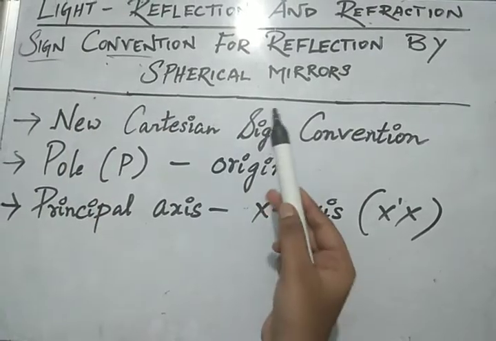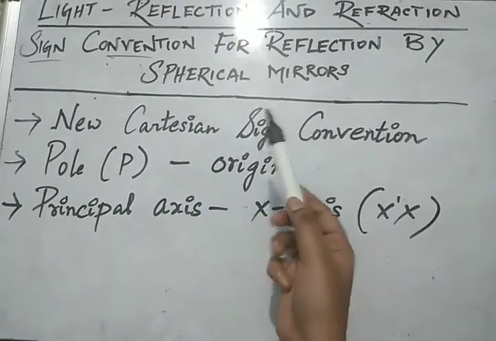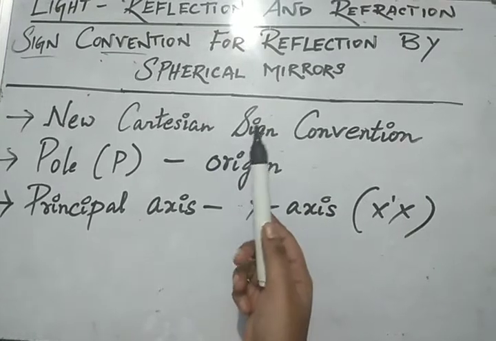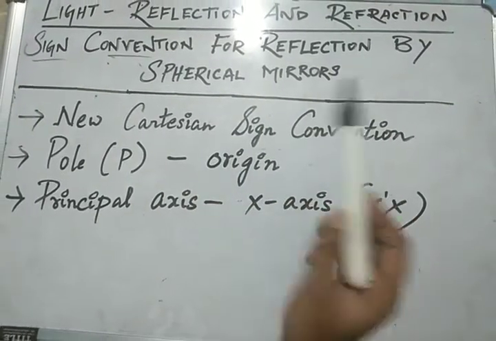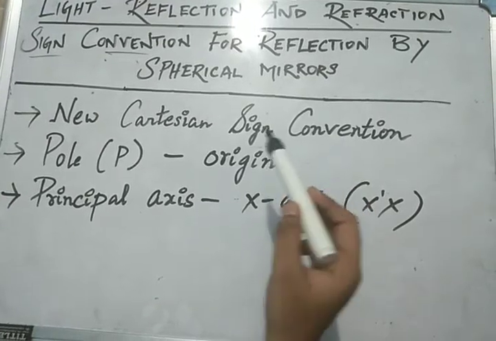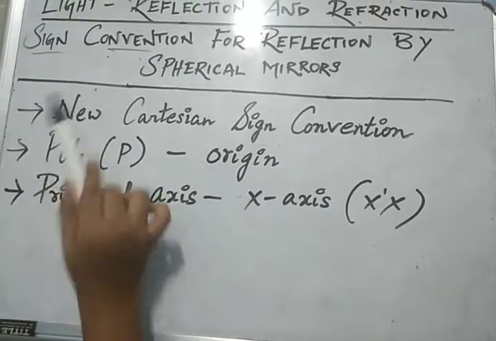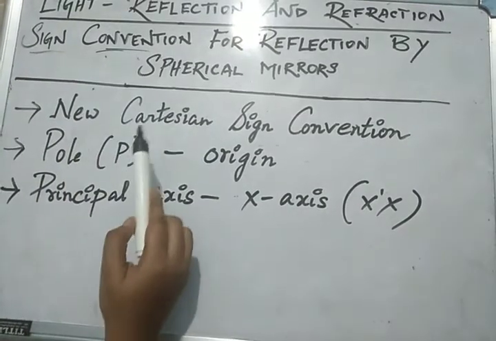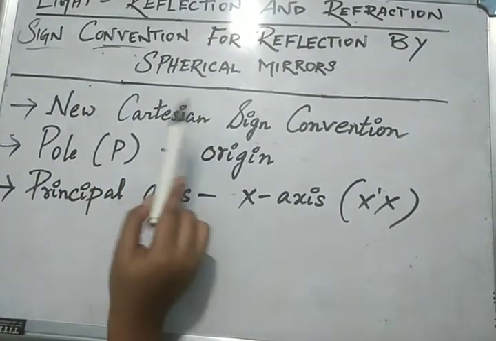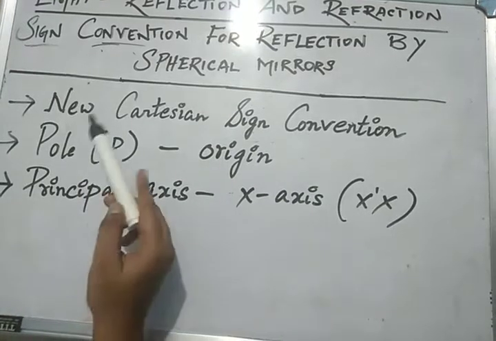While dealing with reflection of light by spherical mirrors, we have to follow some set of sign conventions, and those sign conventions are known as the new Cartesian sign convention.